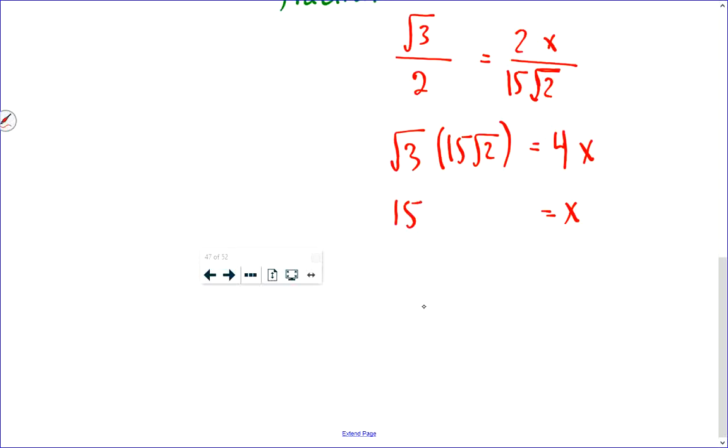Now, listen, the further you get in high school math, the more you have to go back to those previous grades for these little tiny things. You were taught in grade 10 that something like root 3 times root 2 is root 6. You deal a little bit with radicals. So I can write 15 root 6, and this is over 4. That's x. That's the exact value of x.